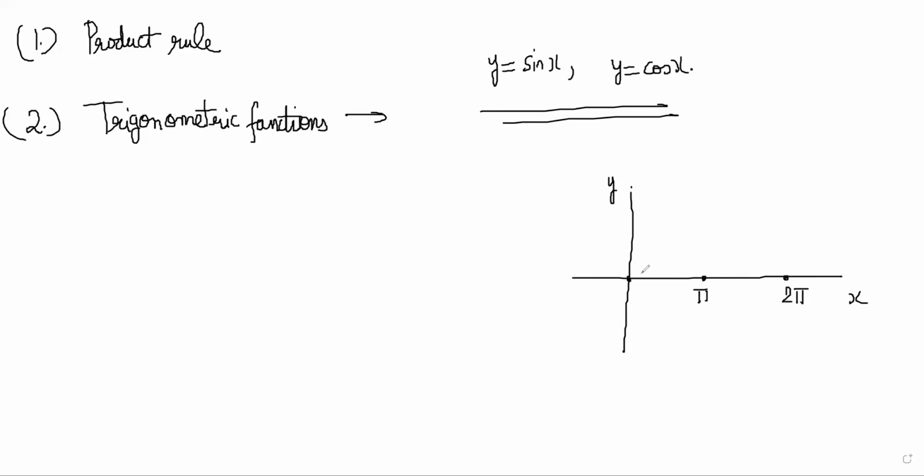At pi by 2, sin x takes its maximum value, which is 1. You know this much, till 180, sine is positive in the first two quadrants. And after that, it will become negative like this.